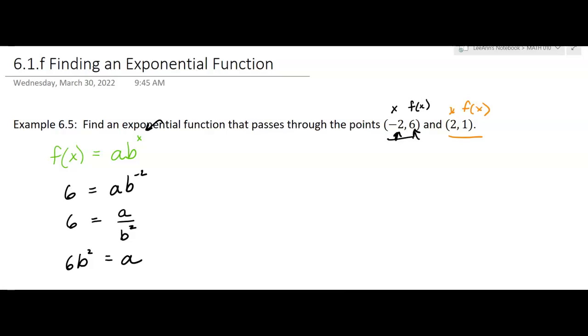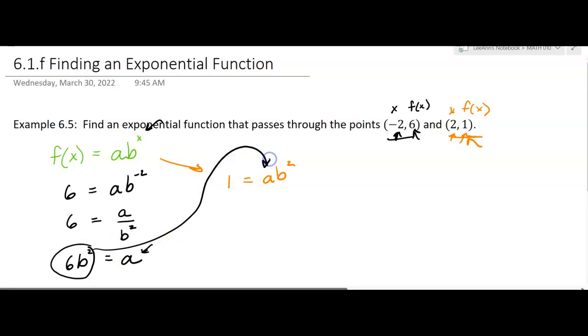Now we're going to do the same type of thing with this other point. We're going to plug in 2 for x and 1 for f of x. So using the same model, 1 equals ab squared. Because we solved for a back over here, we can substitute it into our other equation.